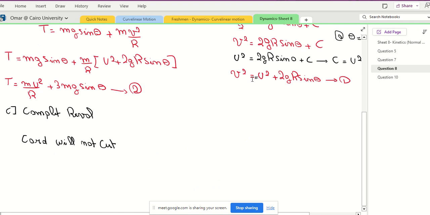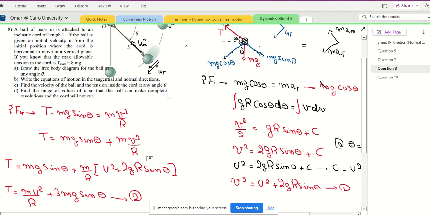Here we are dealing with T, not N. So T must be greater than 0 and V must be greater than 0. And for the cord not to cut, we have T maximum.